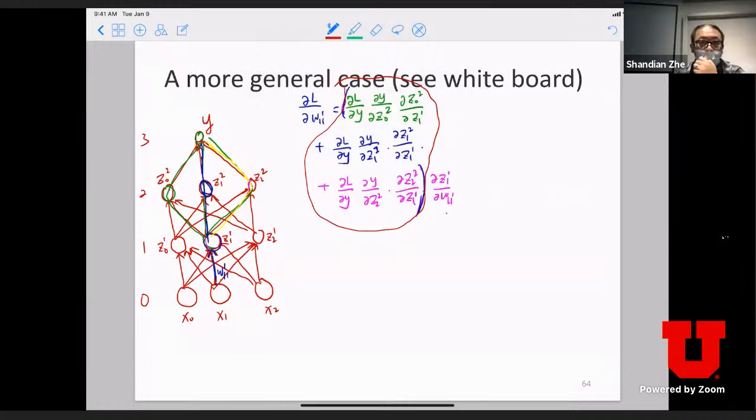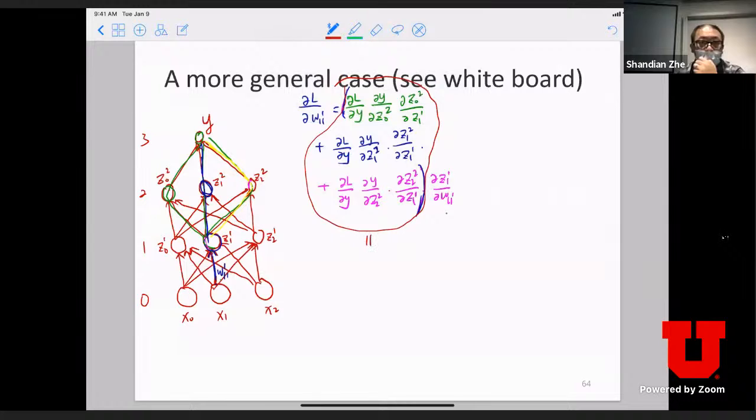What does this result mean? Yeah, exactly. You can see that the summation of these three results is partial Y over partial Z02 times partial Z02 over partial Z11, partial Y over partial Z12 times partial Z12 over partial Z11, and partial Y over partial Z22 times partial Z22 over partial Z11. We add them together. This is essentially equal to what?